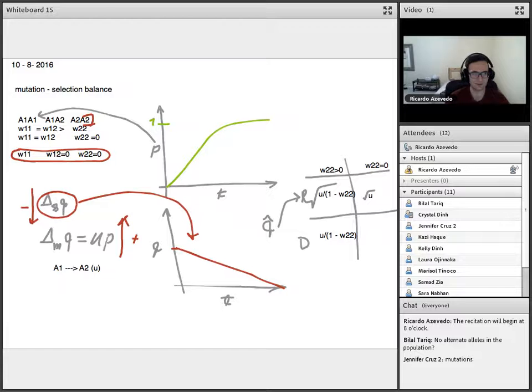And in the case of lethal, W22 again is 0, 1 minus 0 is 1, so it's just going to be equal to the mutation rate. So as you can see, in all the cases it is proportional to the mutation rate, but in the case of recessive ones, there's a square root added to the equation. So any questions so far? Any question about mutation selection balance before we move on to drift?